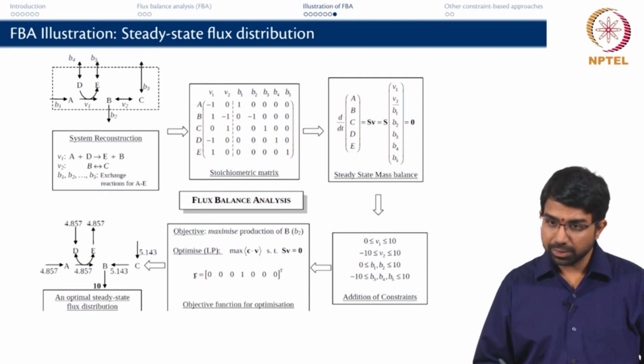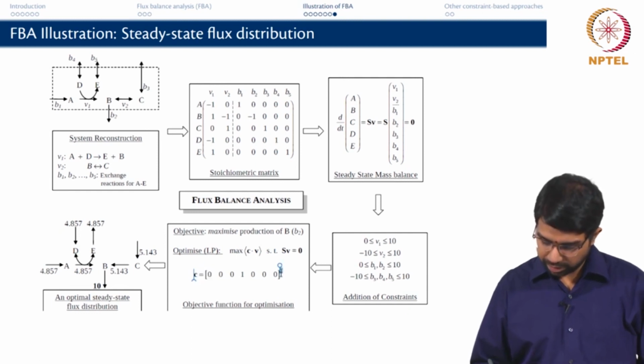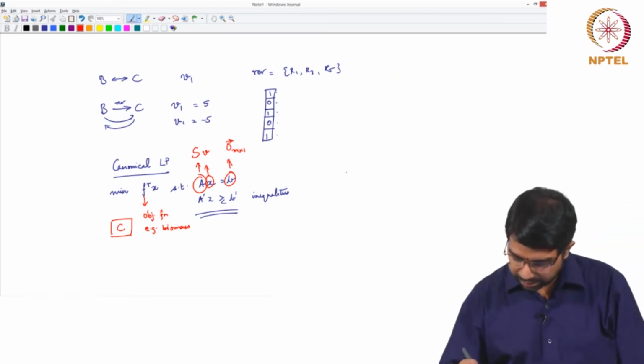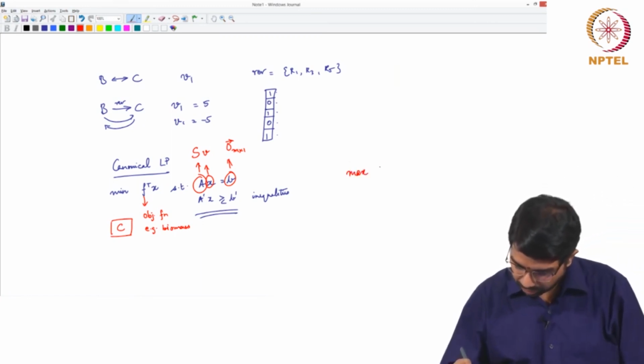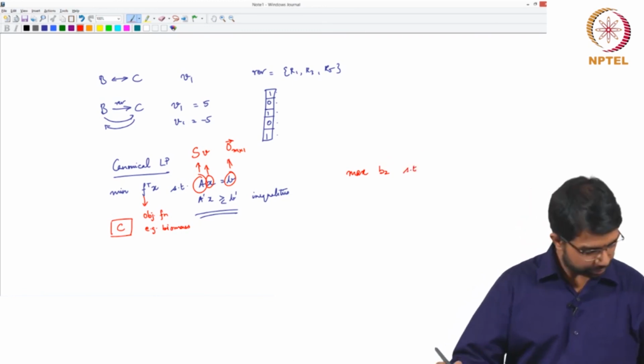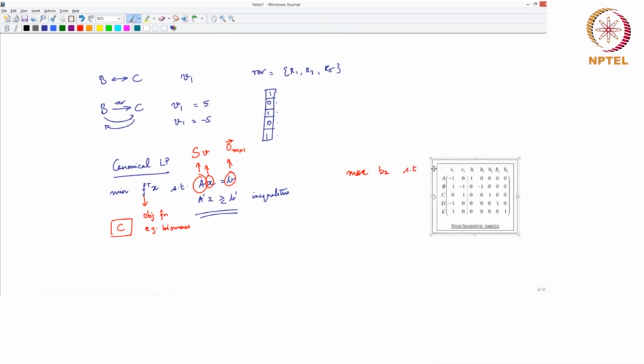This C, it is the objective function. I said maximize, so I said max B2 such that S into V equals 0, right, and what is V?